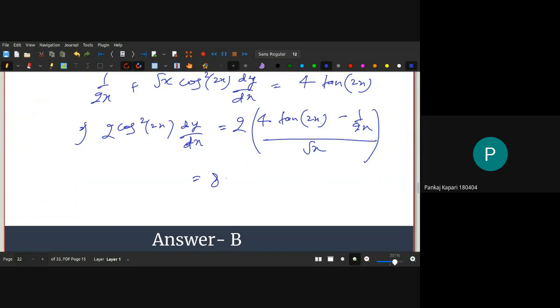So we have 8 times x to the power half tan of 2x minus x to the power 3 by 2, right?